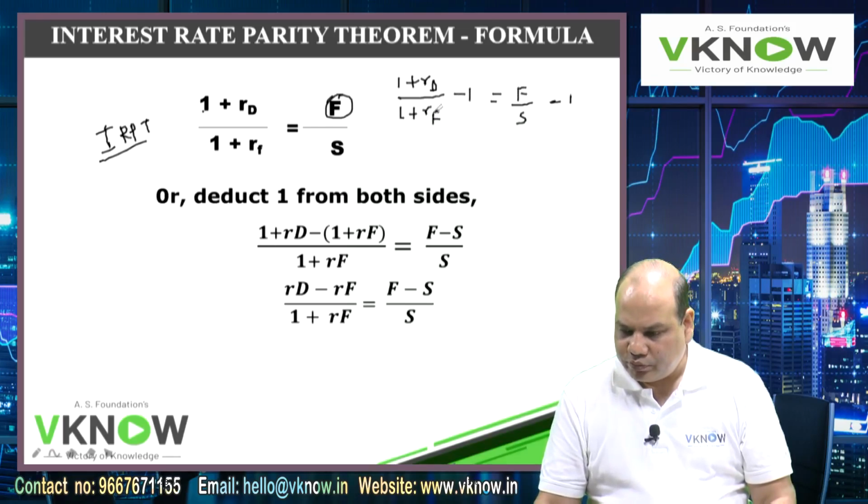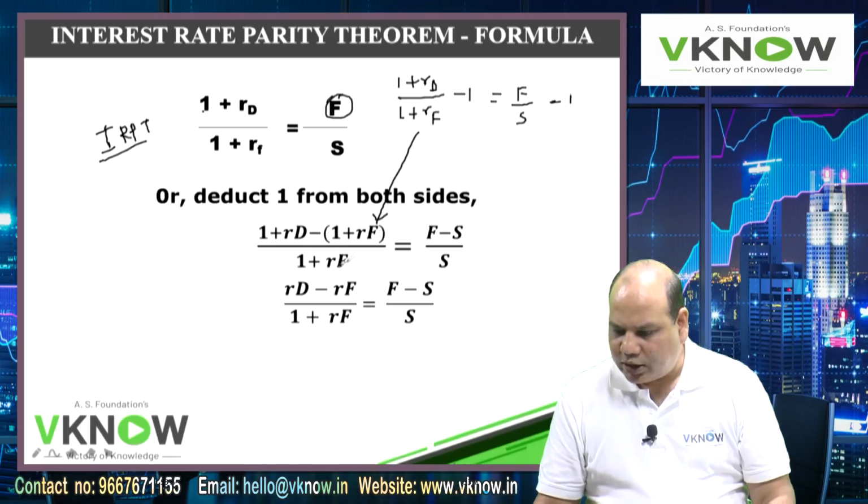Now I will go to this step. 1 plus RF in the denominator, the numerator will become 1 plus RD minus in bracket 1 plus RF equal to, and this F upon S minus 1 will become S in the denominator, F minus S.